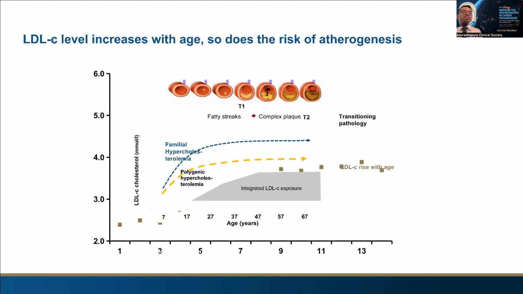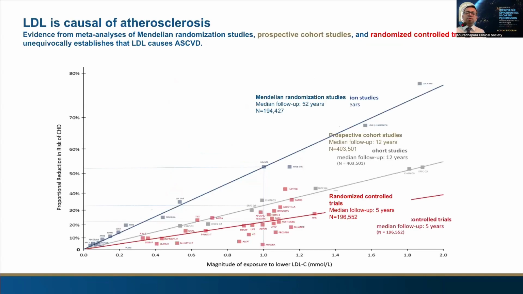That happens with aging. And some diseases like familial hypercholesterolemia and polygenic hypercholesterolemia conditions will have an even earlier onset of these plaques, and they will have this progression very early in their life. So it's very essential that people with these conditions get early attention and treatment.